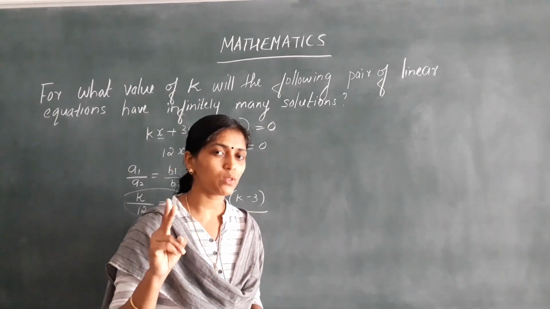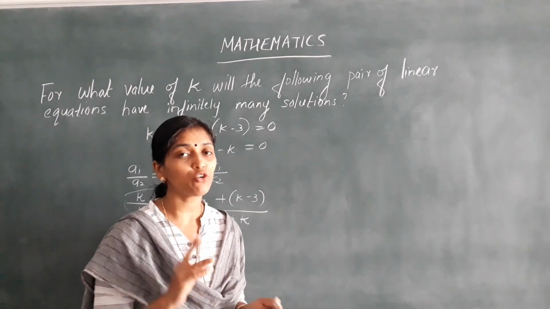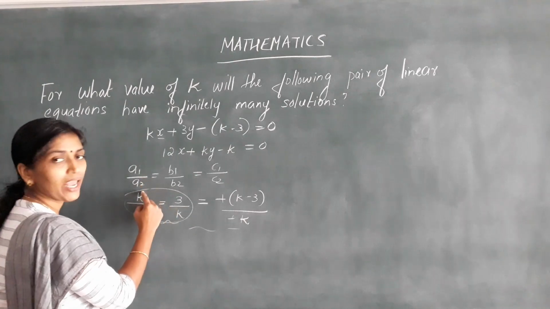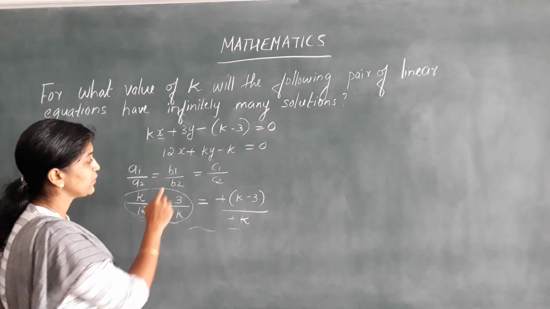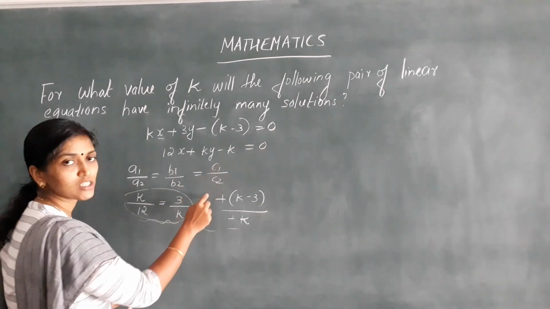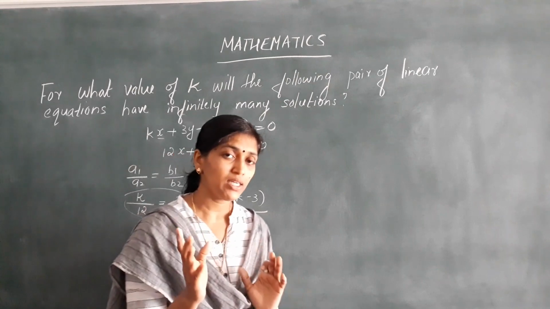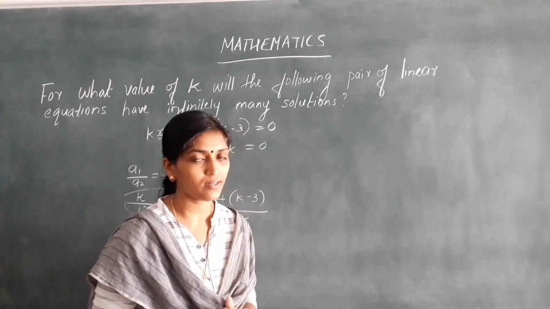But you have to check with only 2. When you get the same value of k for 2, you can stop there. That is, when you take a1 by a2 equal to b1 by b2, you will get a value for k. And when you take b1 by b2 equal to c1 by c2, you will get a value for k. If they both give the same value for k, that value of k you can consider.